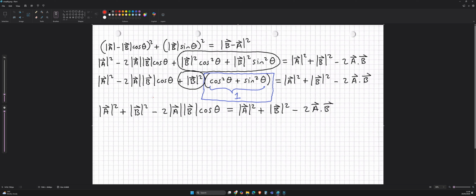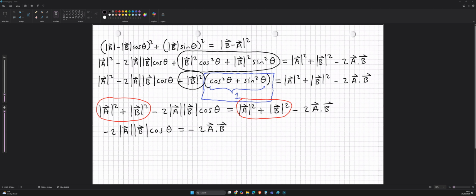Now what we can do from here is subtract these from both sides of the equation. That leaves us with minus 2 times the magnitude of a times the magnitude of b times cos theta is equal to minus 2 times the dot product of the vectors a and b. Now we're just about to finalize this proof.